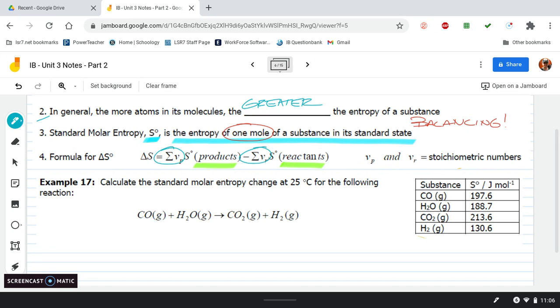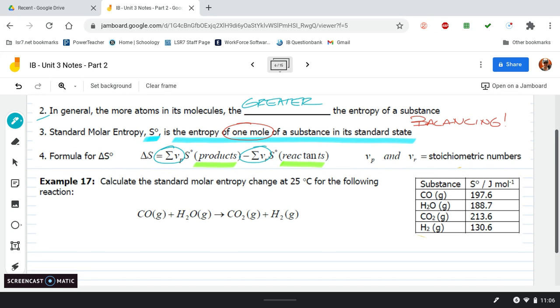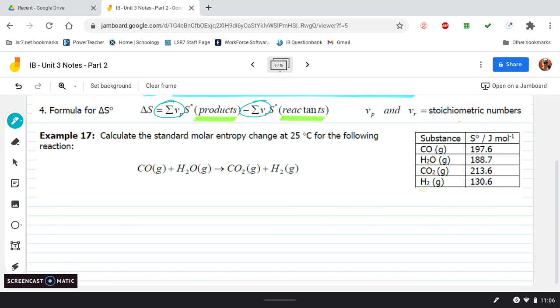Down here we're going to see a problem, and it says calculate the standard molar entropy. Remember that means we're looking for change in S. Why did it give us 25 degrees?